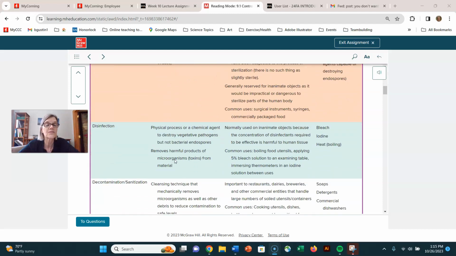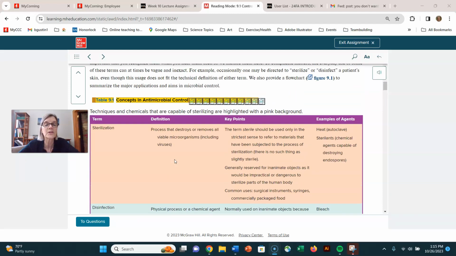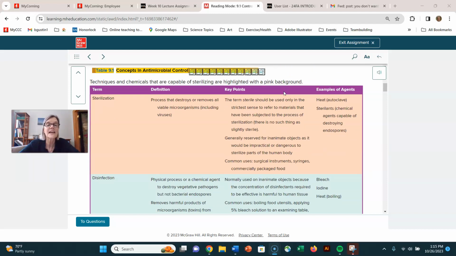In fact, they put these vocabulary words in a table, and there's some really nice pictures here that you can look at. So I highly recommend going back and looking at those. They give you some really nice examples. In this table, it says the ones that have a pink background are capable of sterilizing. And so sterilization is going to be our first vocabulary word.